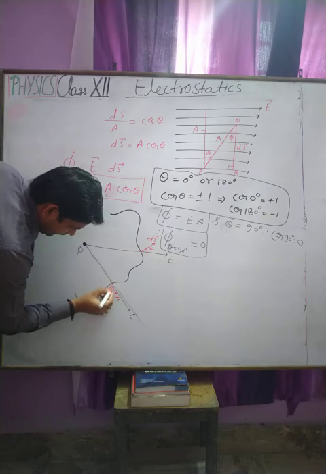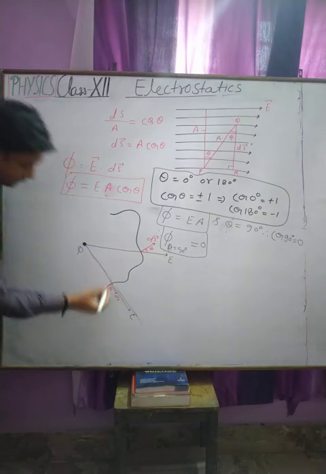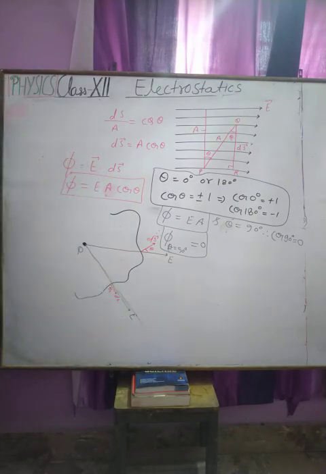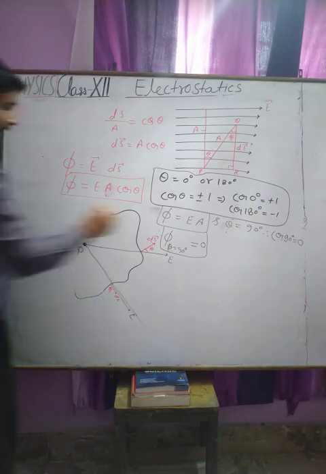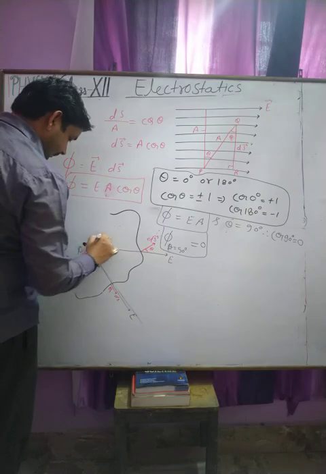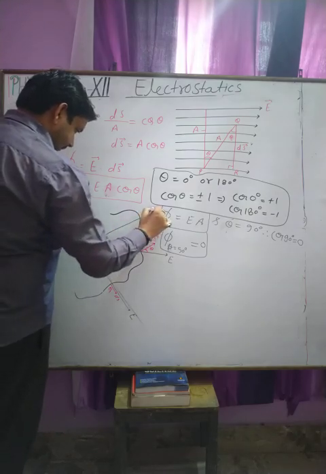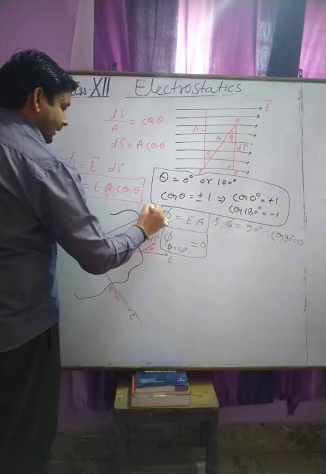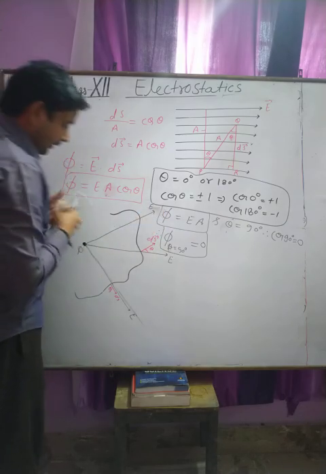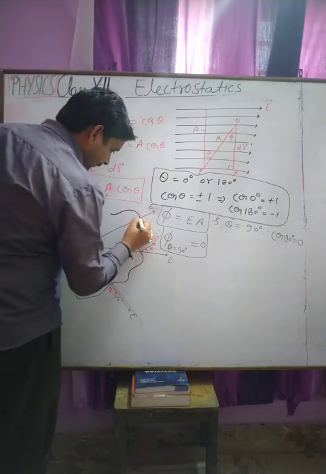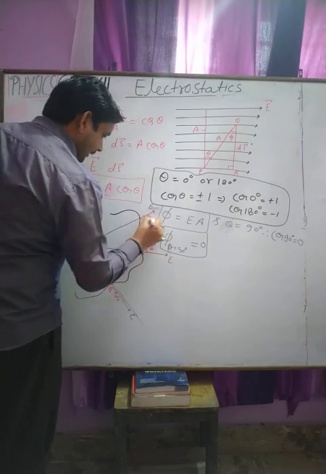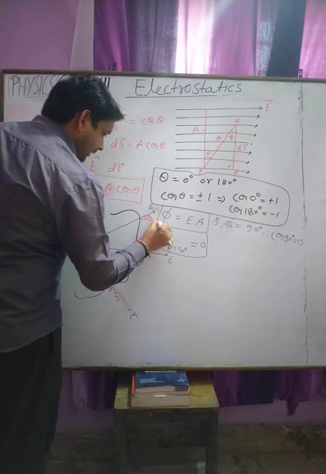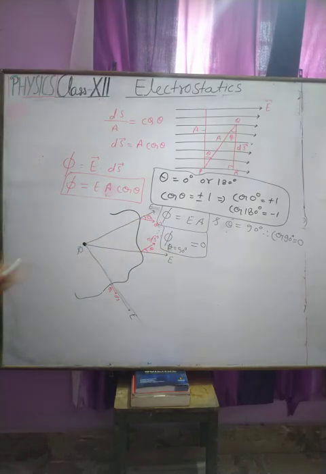This is the angle between the area vector and electric field. And for this surface, this is electric field, and normal to the surface is area vector. This is the angle theta 2. Okay student, then we can calculate this.